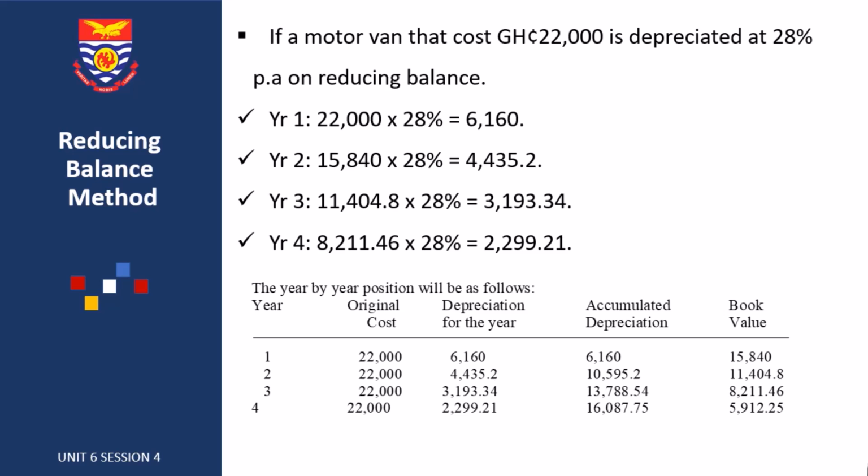Again, the statement of financial position for year 2 will indicate the original cost 22,000 less the accumulated depreciation 10,595.2, and then we have the net book value. So in that order, that is how we show the depreciation charge in the statement of profit or loss and in the statement of financial position.